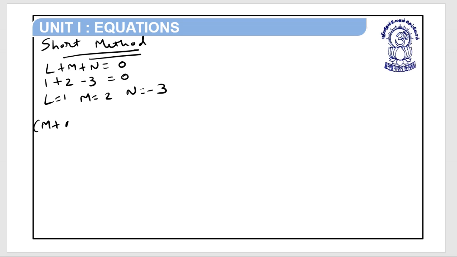Put the value of l, m and n into m plus n minus l x square plus n plus l minus m into x plus l plus m minus n is equal to 0.